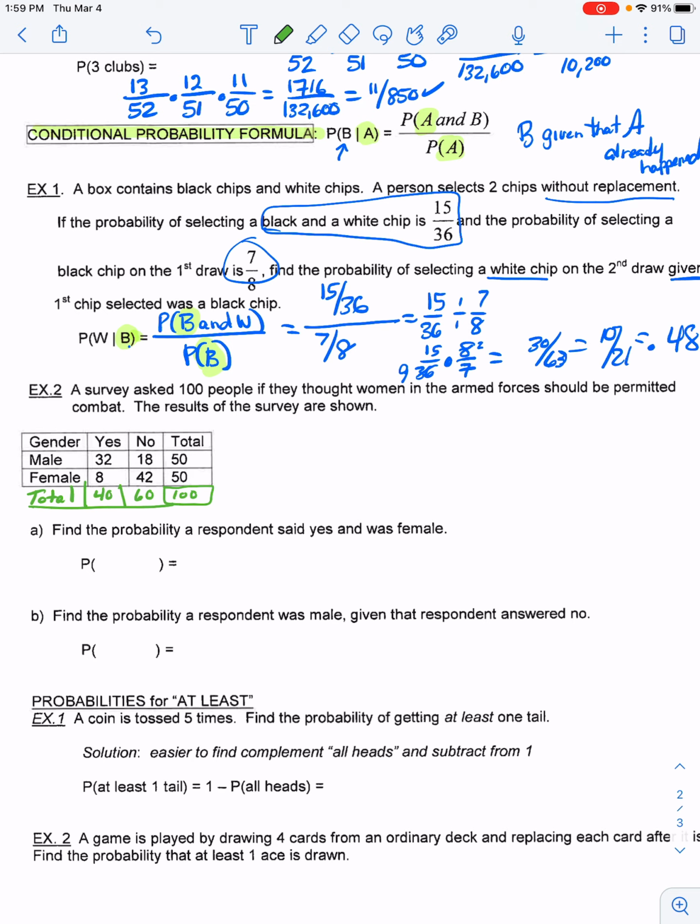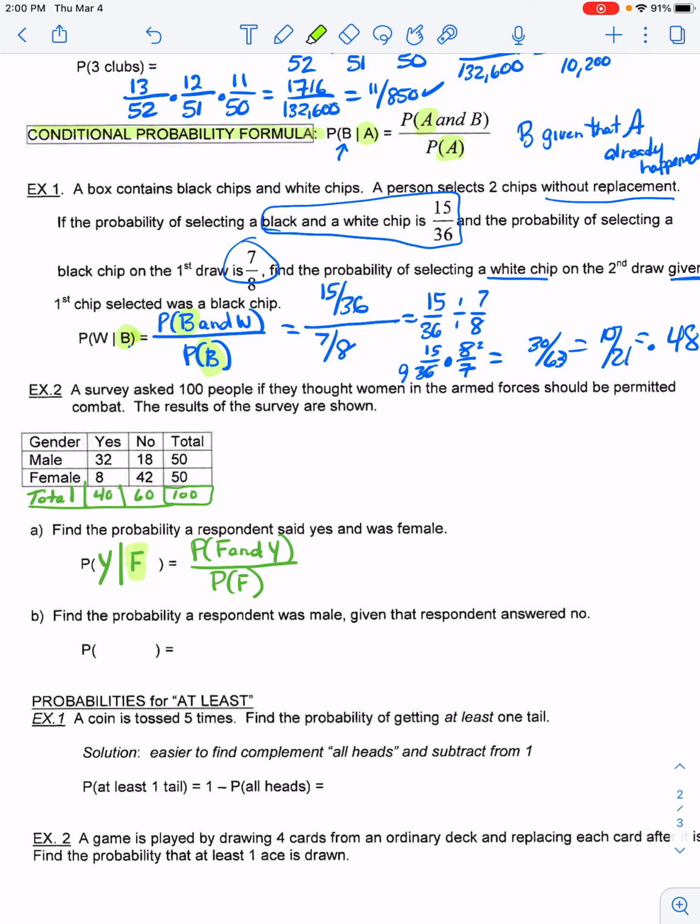So it says, find the probability a respondent said yes and was female. Okay, so my interpretation of that is yes, given that the person's female. Okay, so in following the pattern, we want to do probability of female and yes divided by the probability the person's female. Okay, so again, I'm kind of following the pattern.